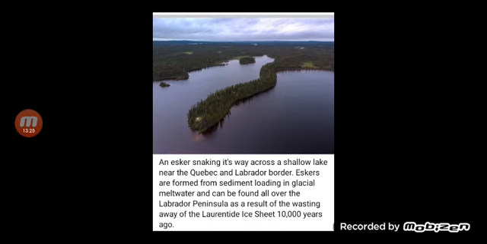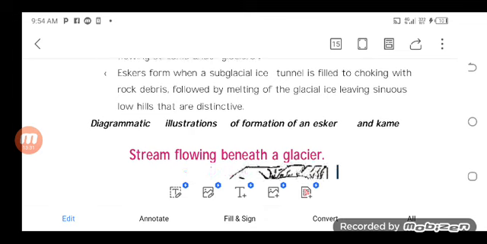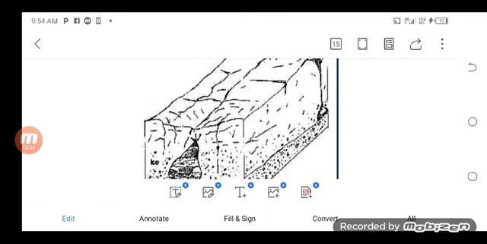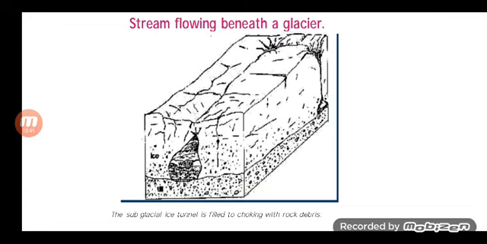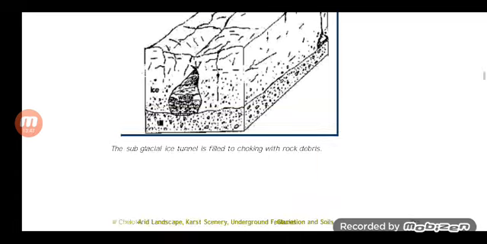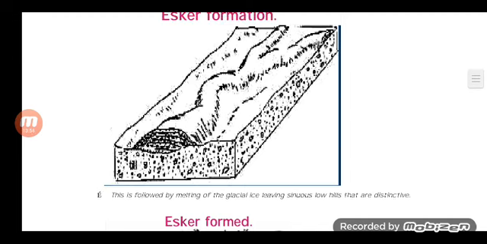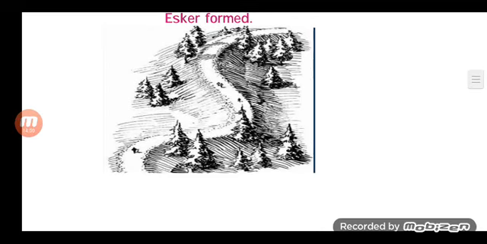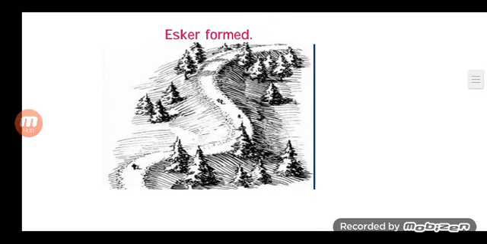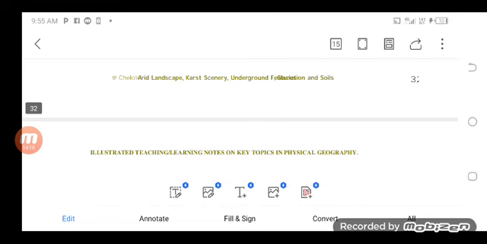It's winding, it's taking that snaking shape because rivers usually do have the meanders. So you can see. So we have a stream there passing beneath a glacier. So yeah, that's how it looks.